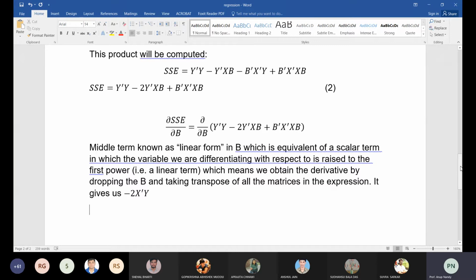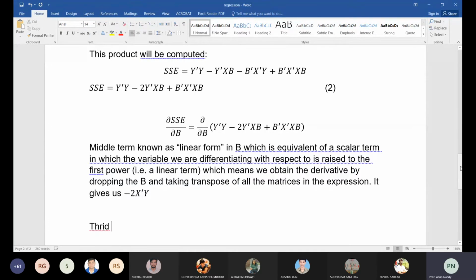So whenever you have the linear form and you differentiate with respect to the matrix, you simply apply matrix algebra: drop the B and take the transpose of all the matrices in the expression. Finally, we have the third term.